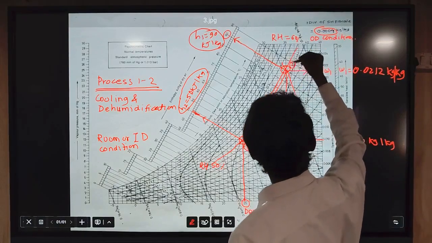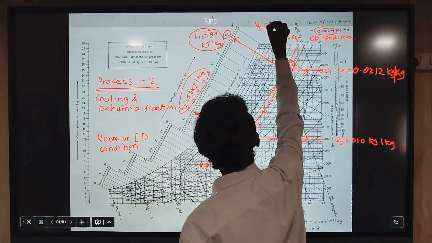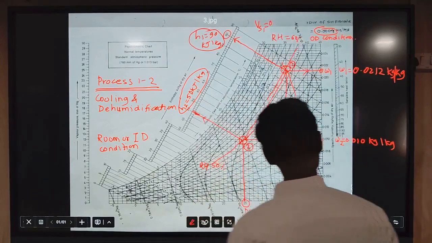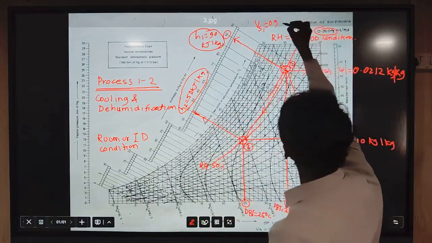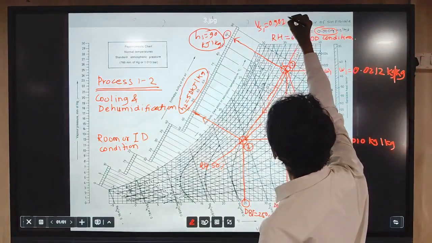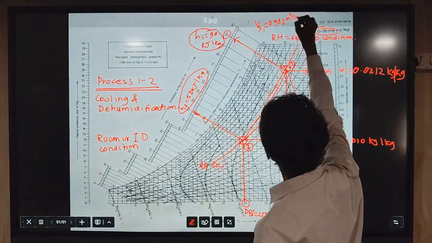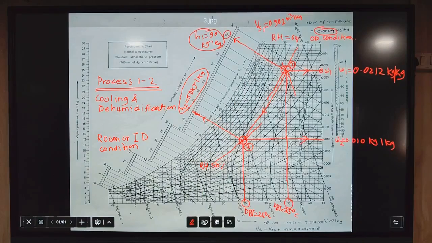So the specific volume of point number 1, VS1, will be greater than 0.9. You can take this as 0.902 meter cube per kg. This is the specific volume. We require it in the calculation of mass flow rate. So let us now list all the values which are obtained here.